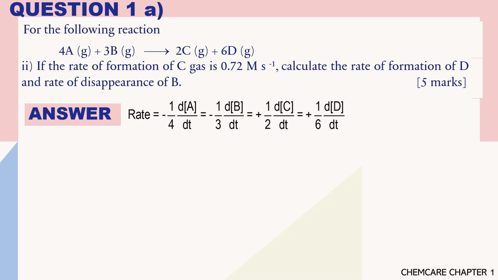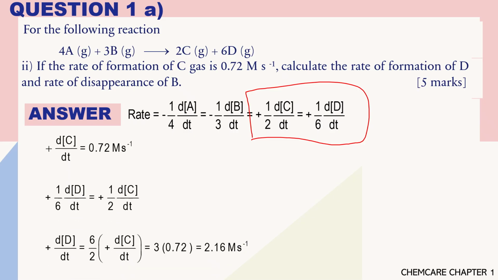So the given is the C, while what we want to find is the D. So we take this information from the differential rate equation. And then we know that the question gives us the positive dC over dt equals to 0.72 M s negative 1.